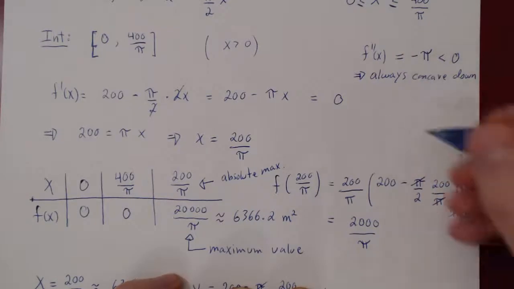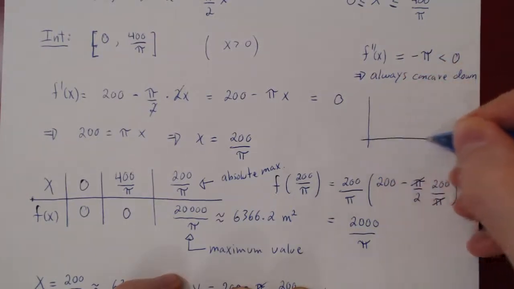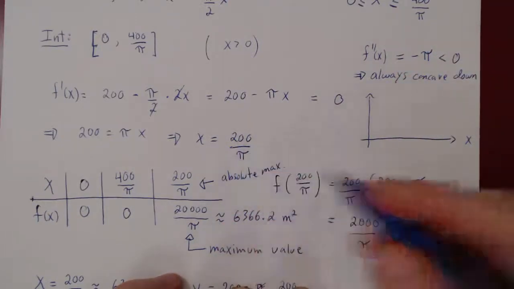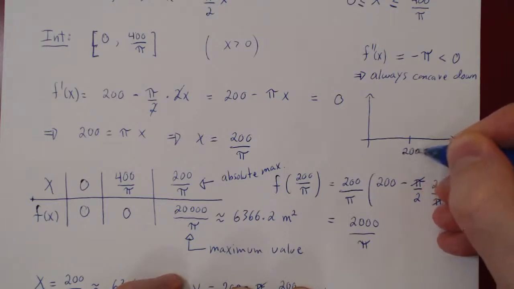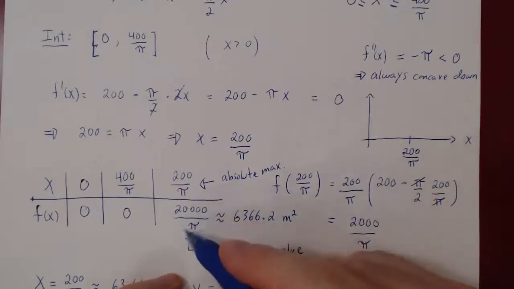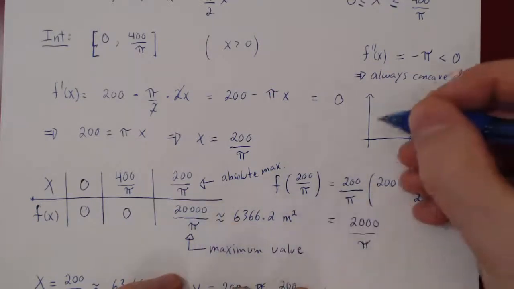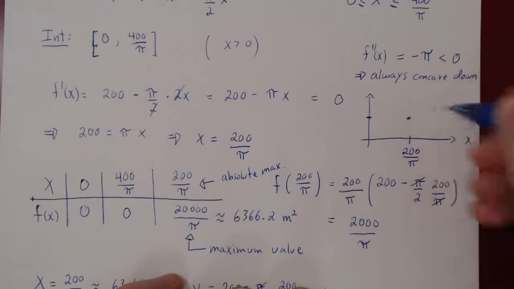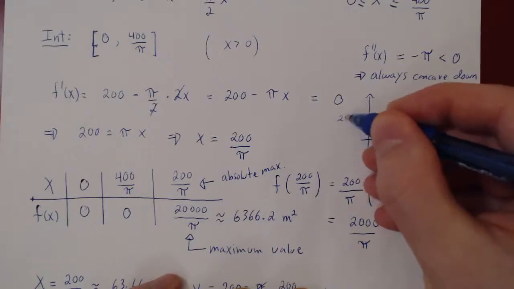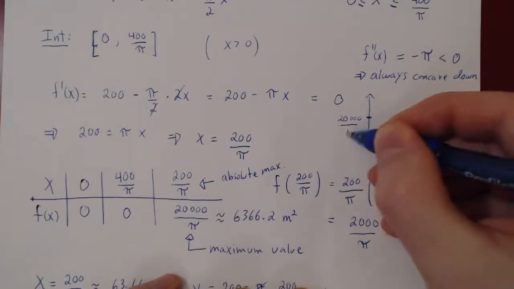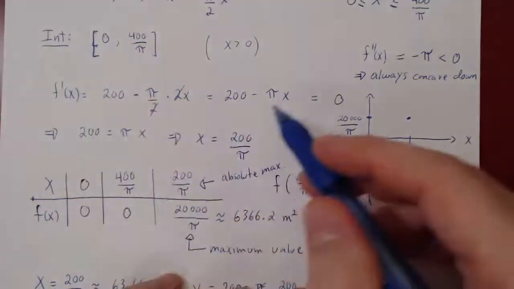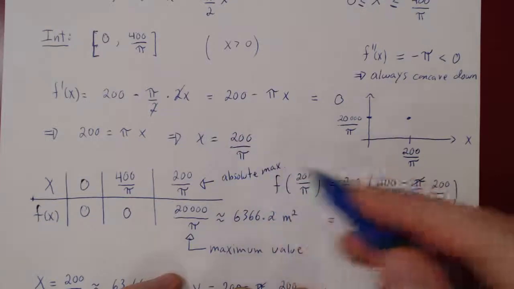So think of how simple your graph would look. You have a unique critical point of 200 over pi, and when you plug this into your function, as we did here, you'll find this value of 20,000 over pi. You know that at this point the curve is flat because the derivative is equal to 0 when x is 200 over pi.